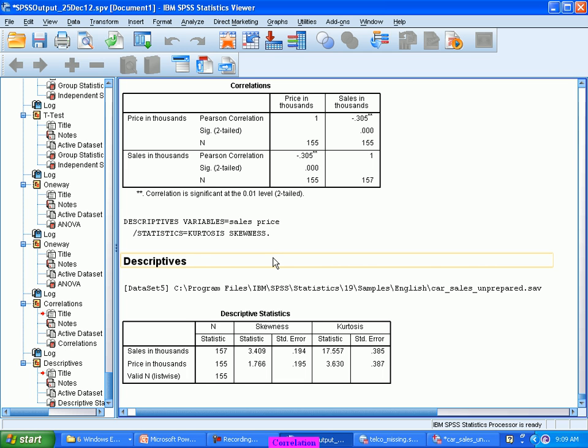Whereas when I do the transformation, bring out the normality and do the correlation, my number could be much different. It could be close to 0, or it could be minus 0.6, minus 0.7, which means there is a strong relationship between price and sales, whereas this is showing a weak relationship.